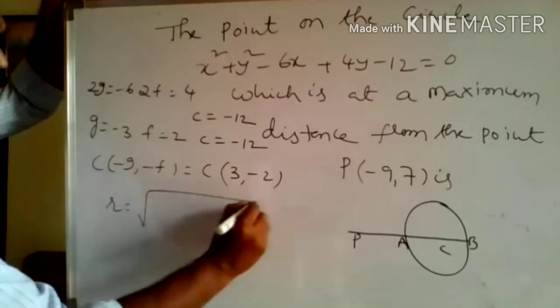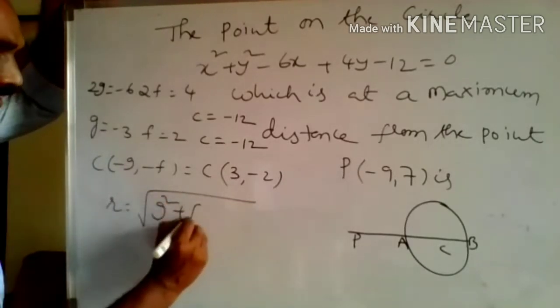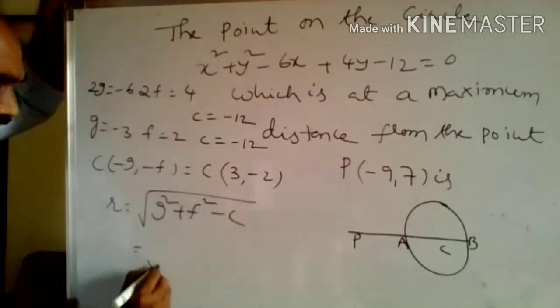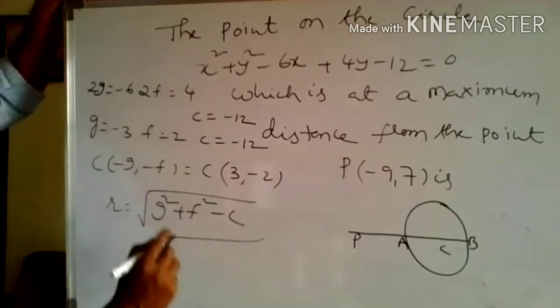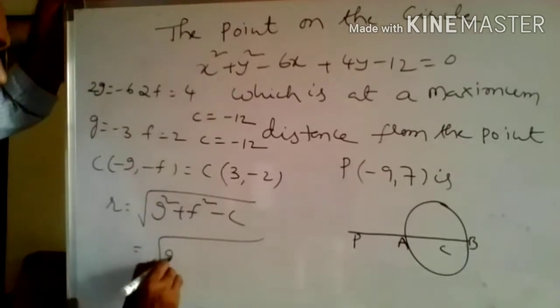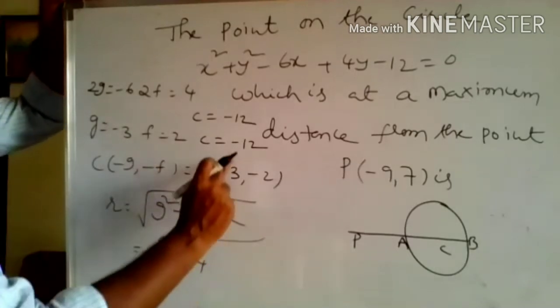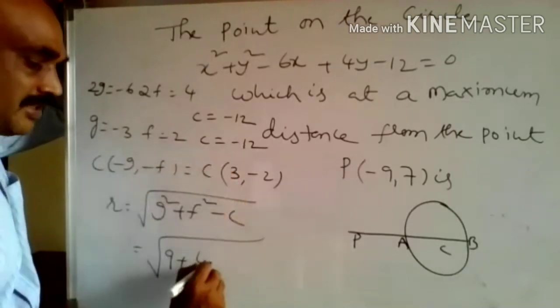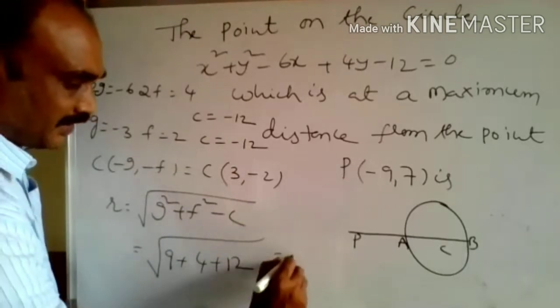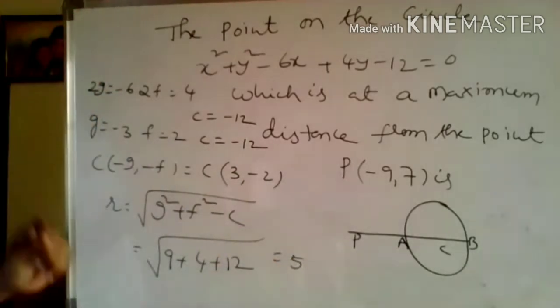Next, the radius formula: root of g square plus f square minus c. g is minus 3, whole square 9; f square is 4; minus c is plus 12. This is root 25, which is 5. Radius is 5.